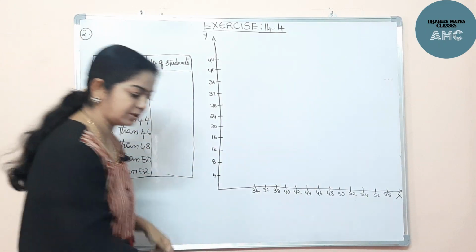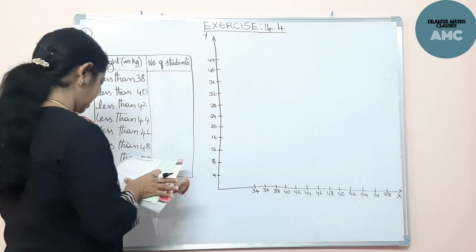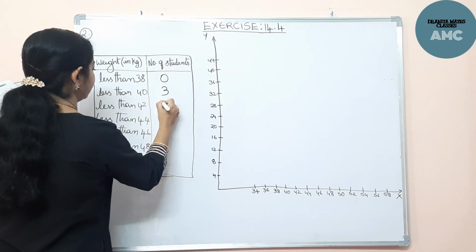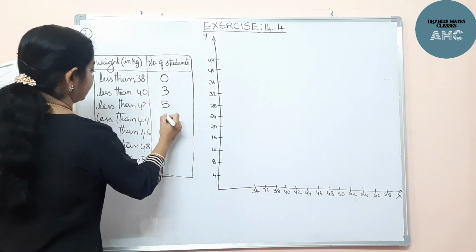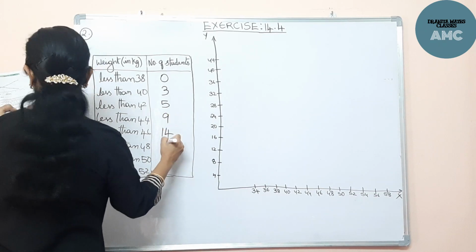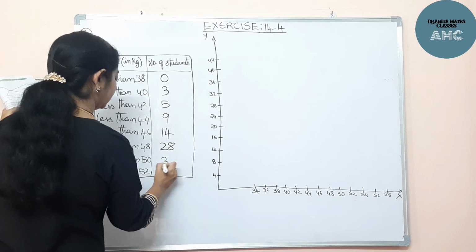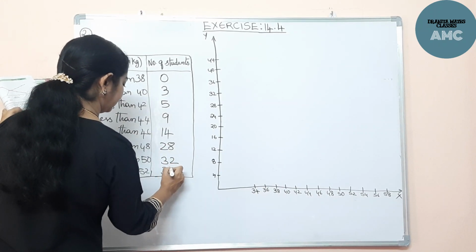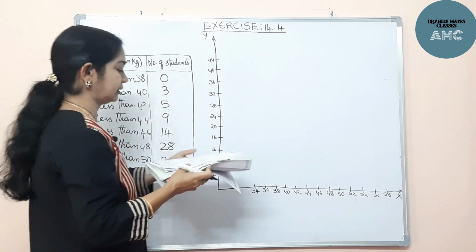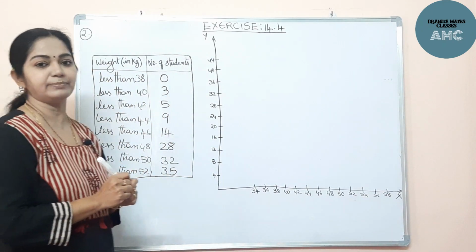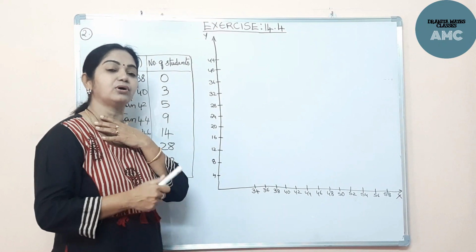Now we will note down the number of students here: 0, 3, 5, 9, 14, 28, 32 and 35. So these are the numbers of students. Now we are asked to draw the less than type ogive curve.